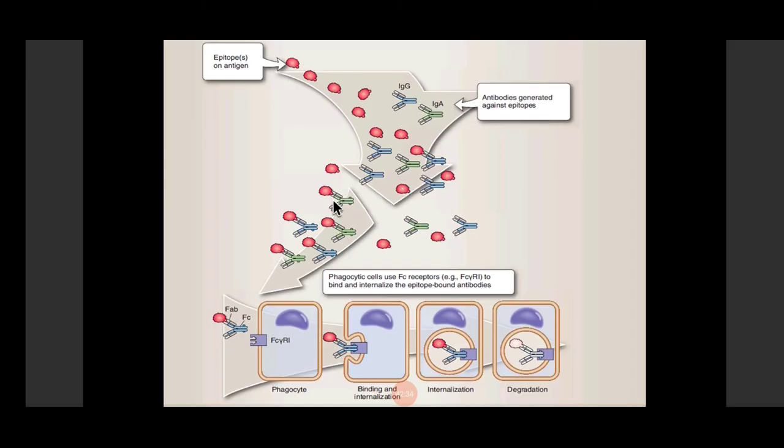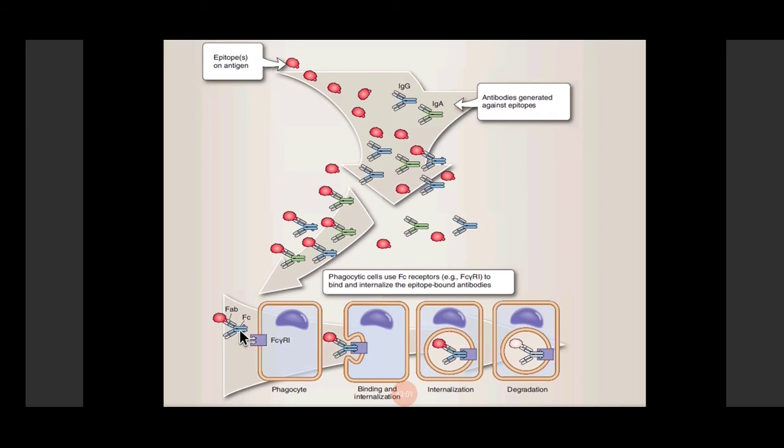So what does it do? The IgG antibody binds to the antigen. The other part of the antibody has a receptor on the surface of the phagocyte. The phagocyte has a receptor for the Fc part of the IgG. Remember I talked about the Fc part and the Fab part. The Fab part is the one which binds with the antigen. The Fc part undergoes a conformational change when the Fab part binds with the antigen.